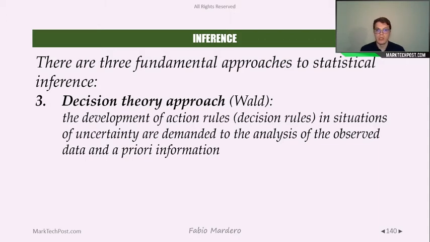So in decision theory we use observed data and a priori information, we mix them together to build some decision rules that will guide us in situations of uncertainty.